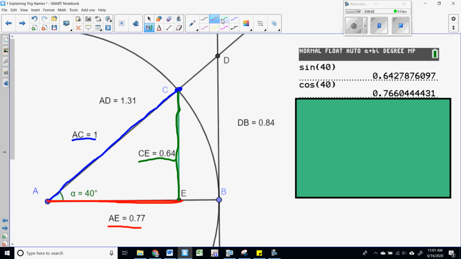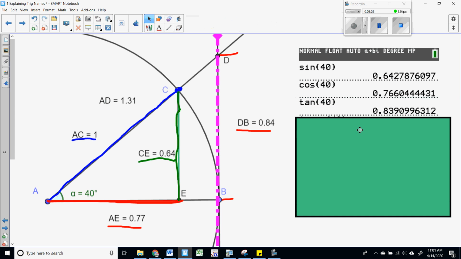Now, here's where it gets interesting. Imagine for a second we drew this line right here that is our tangent line. Then we measured the distance from here up to here, where I extend this line through my unit circle at 40 degrees, and I get this distance right here from B to D. This distance here is 0.84. Well, if I take the tangent of 40, I get 0.84.